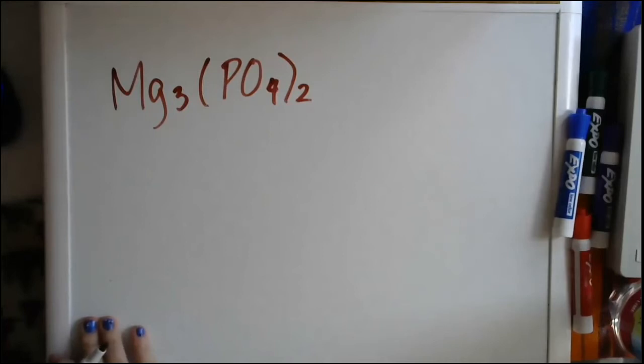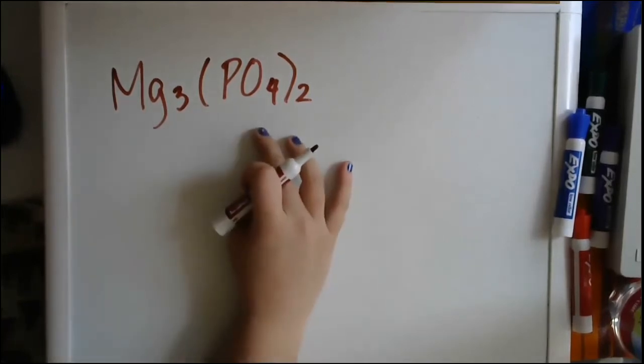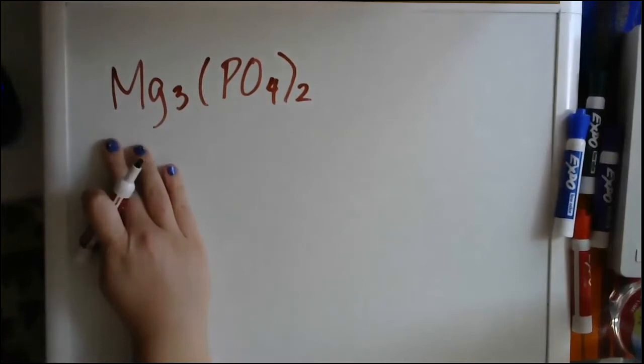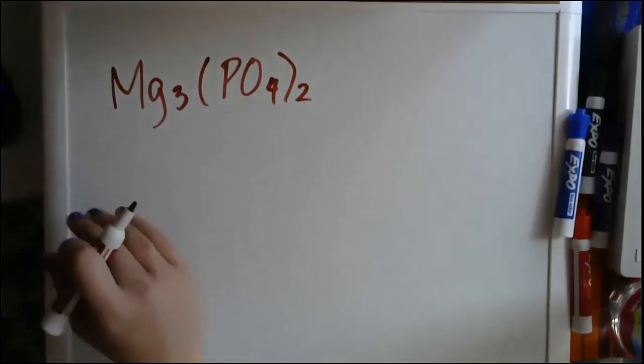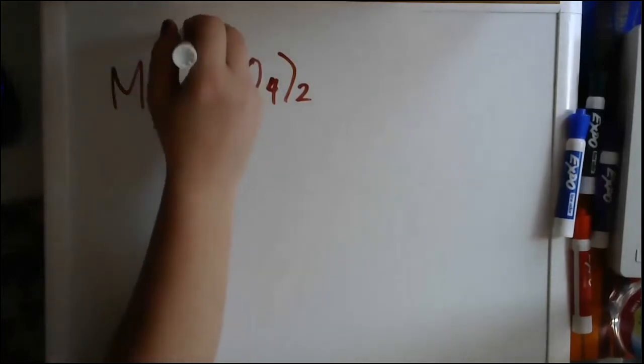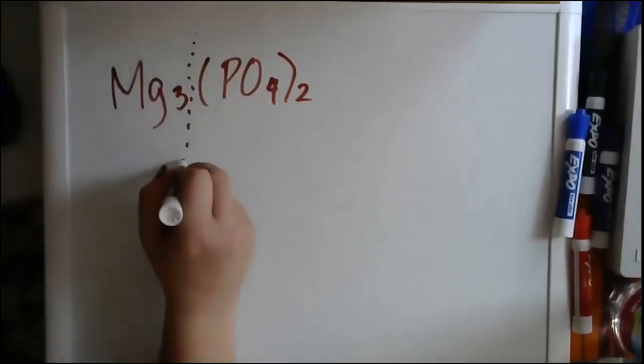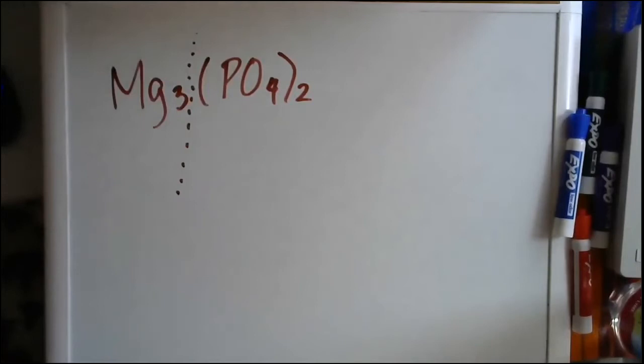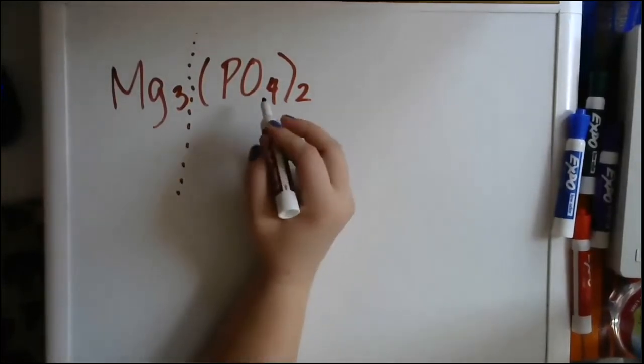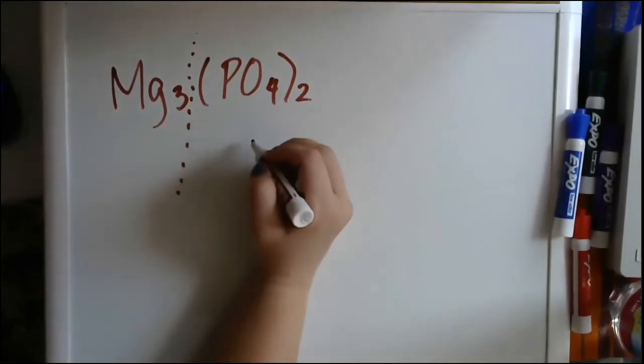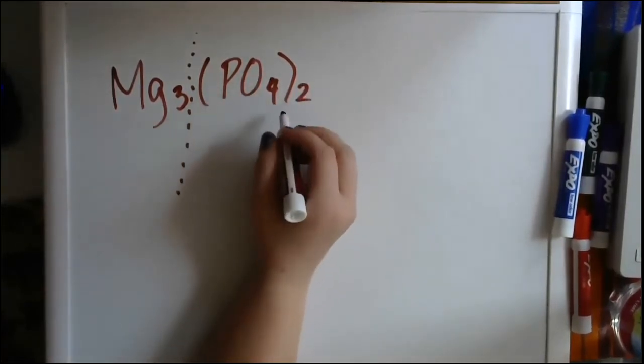Now, I think it's easier to maybe separate out the polyatomic ion from the other ion in this case and do them one at a time. I like to separate this out and say, well, I know that I have 2 phosphate ions here.